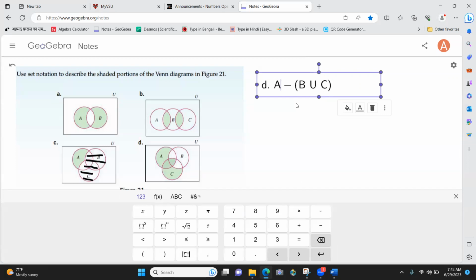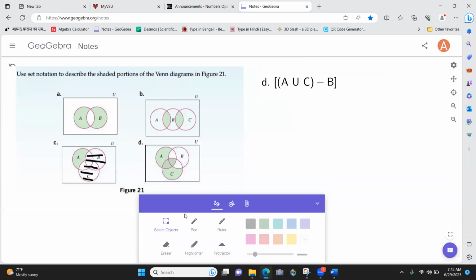Now, this is the first part, okay? The big section right here. I've addressed this.